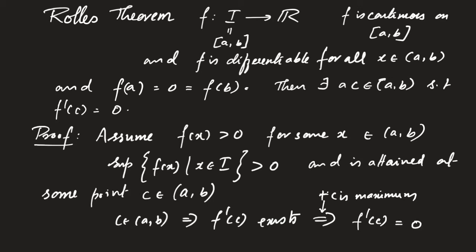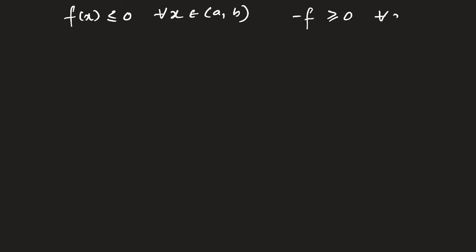Now this does not complete the proof because we have assumed here that f(x) is greater than 0 for some x in (a, b). Now we have to see the case when f(x) is less than or equal to 0 for every x in (a, b). So what do we do? We look at minus f. Now minus f is greater than or equal to 0 for every x in (a, b).